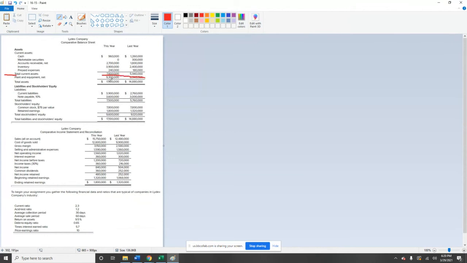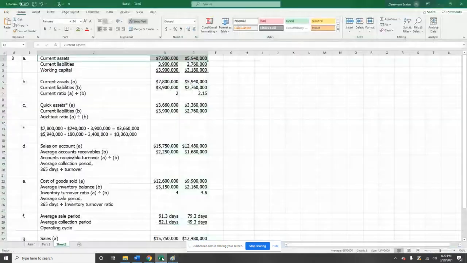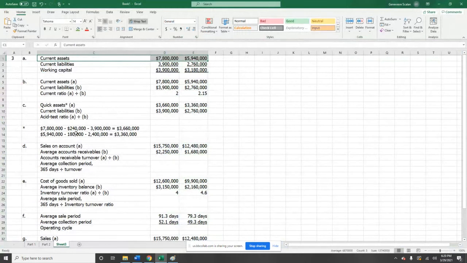Well, some of those total current assets are prepaid, like prepaid rent, prepaid insurance, and some of those are inventory. So we want to subtract these out of the current assets and see, as far as our actual true liquid assets, what's up, okay? So that's what the quick ratio or the acid test ratio is about.